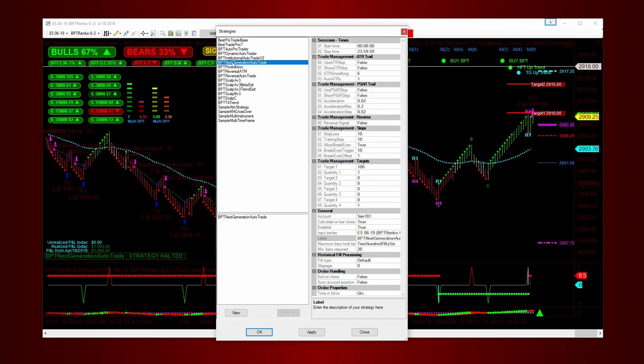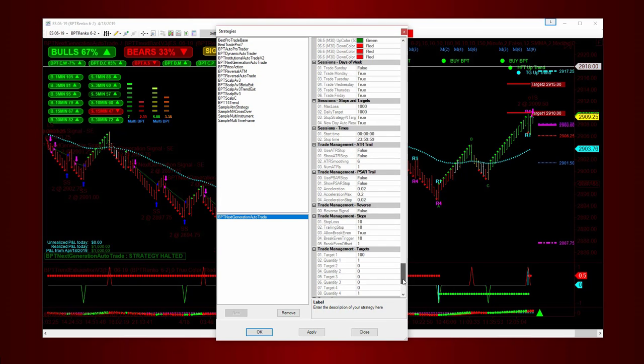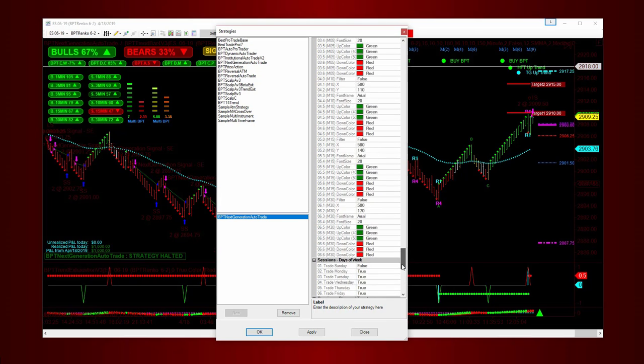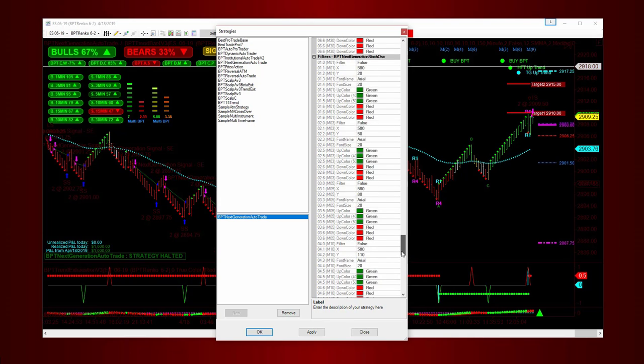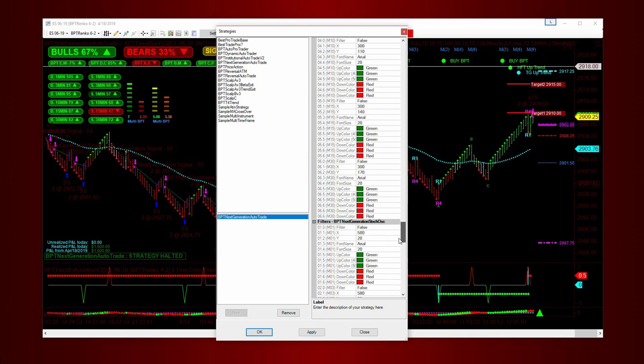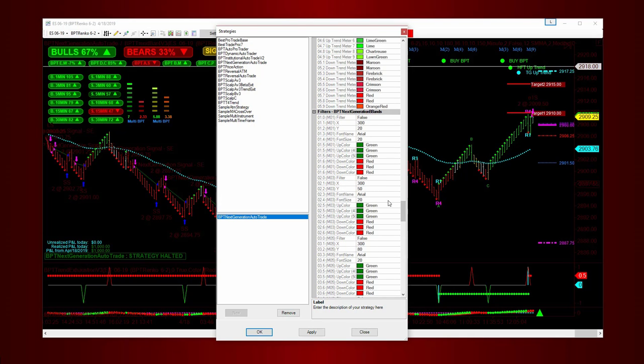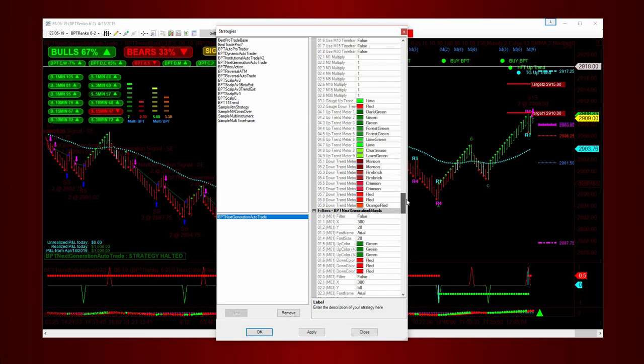This is the next generation auto trade. We have done amazing work on it. It is an extremely advanced automated trade, available on NinjaTrader 7 and NinjaTrader 8, and it requires optimization and some knowledge about trading.